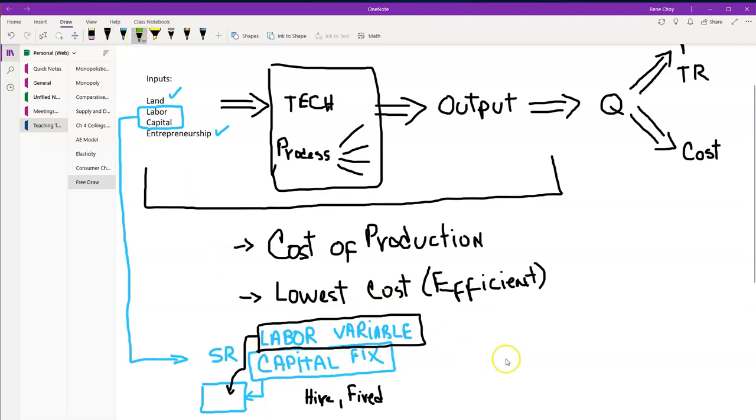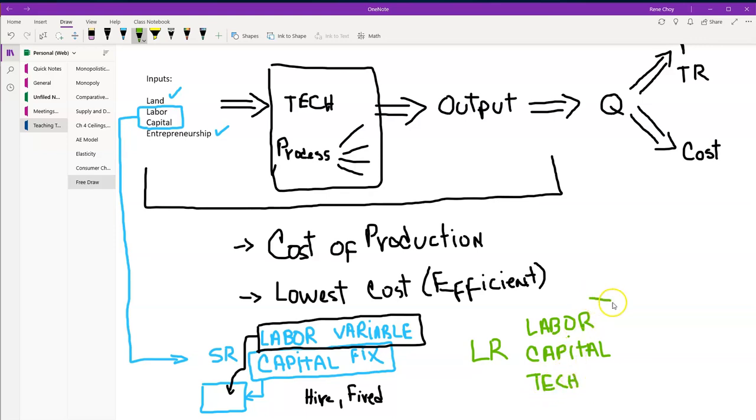All right, then we get into the long run time period. The long run time period is some point in the future where labor is variable, but you can also change the size of your capital, aka you can get new machines, new equipment, a larger factory, etc. And you may even be able to change technology.